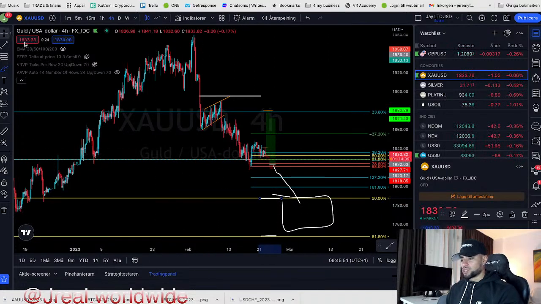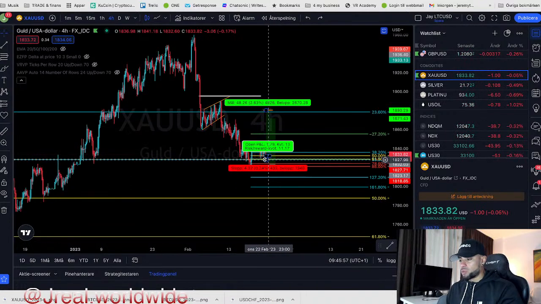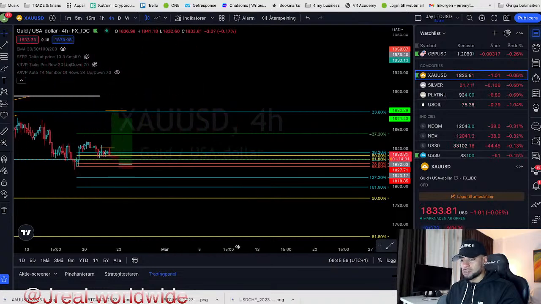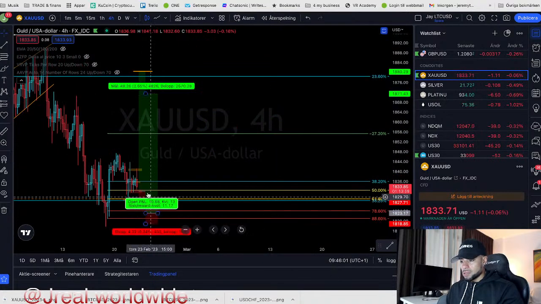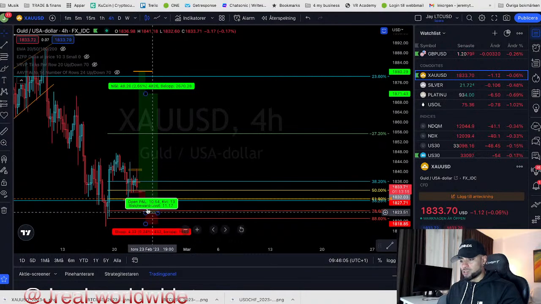So that would be a major sell. But that is if those levels don't hold. First, we need to see how the market reacts to these levels, to the sweet spot here, this yellow zone, and to this red zone here.